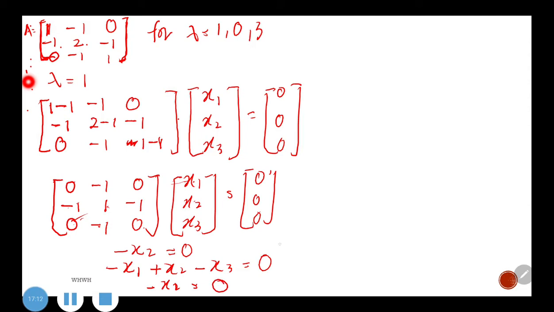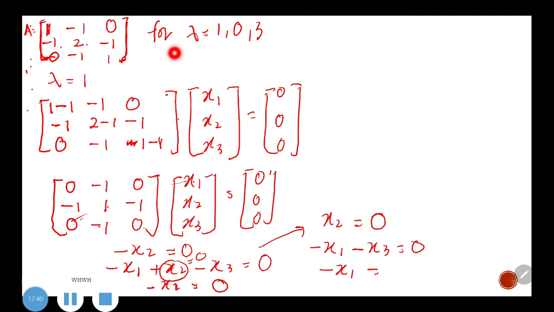So basically, directly kita dapat tahu x2 is equals to 0. Nampak tak? So, bila x2 ni sama dengan kosong, then you can ganti x2 ni sama dengan kosong kat dalam ni. Then, what will you have? You will get negative x1 minus x3 equals to 0. Sebab x2 you dah ganti dengan kosong ni. Then, from here, you will have negative x1 is equals to x3.